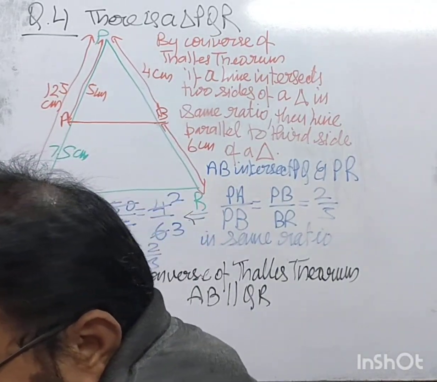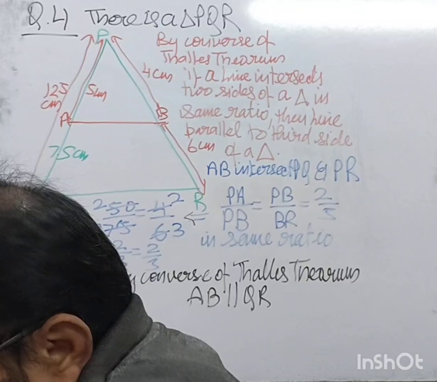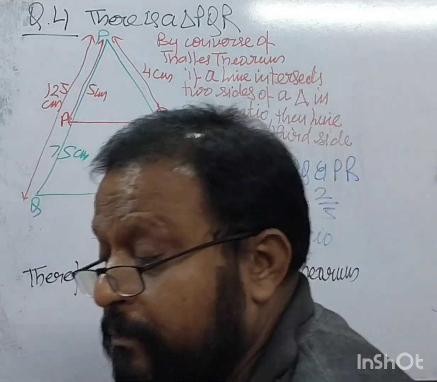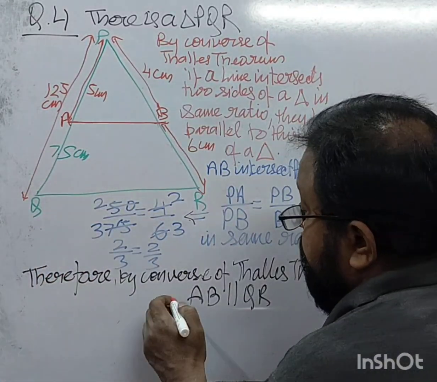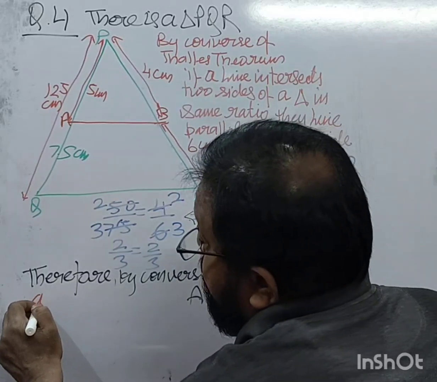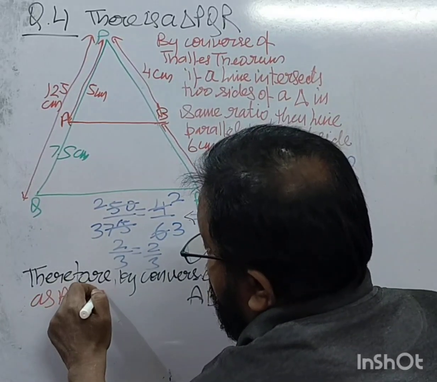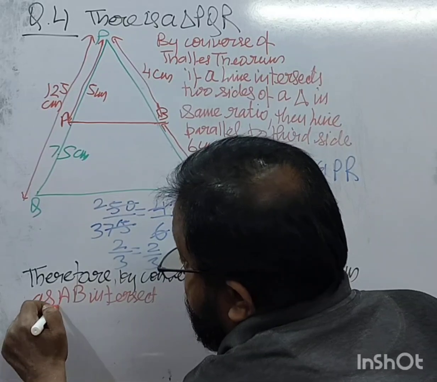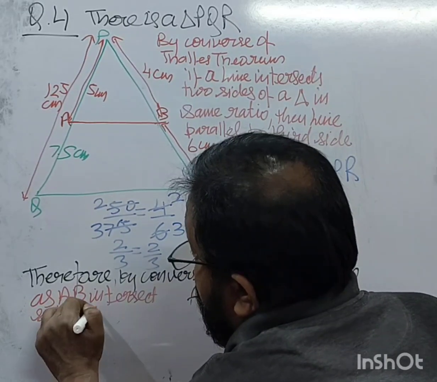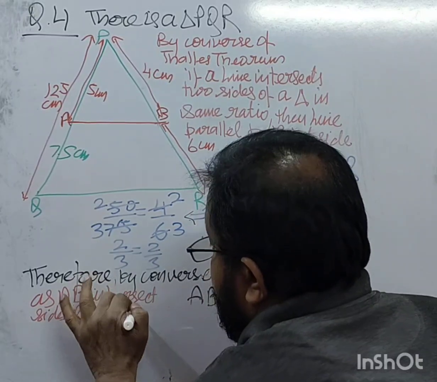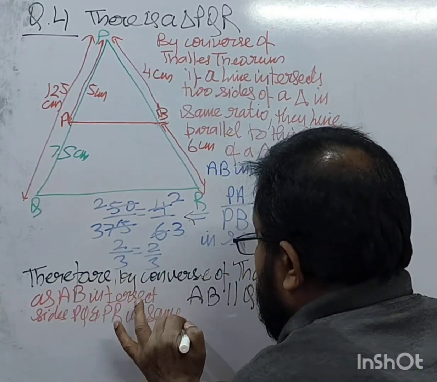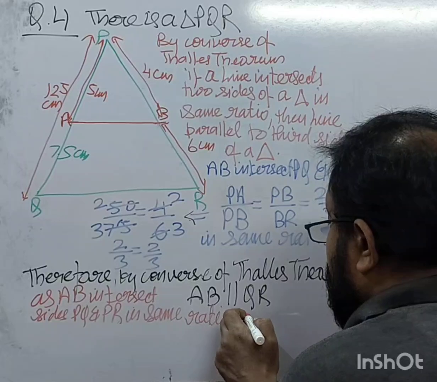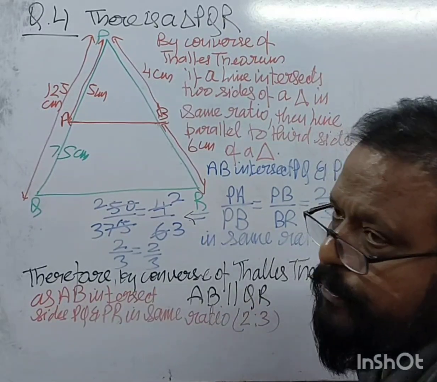Okay, by the converse of the theorem, because AB intersects sides PQ and PR in the same ratio, 2 is to 3.